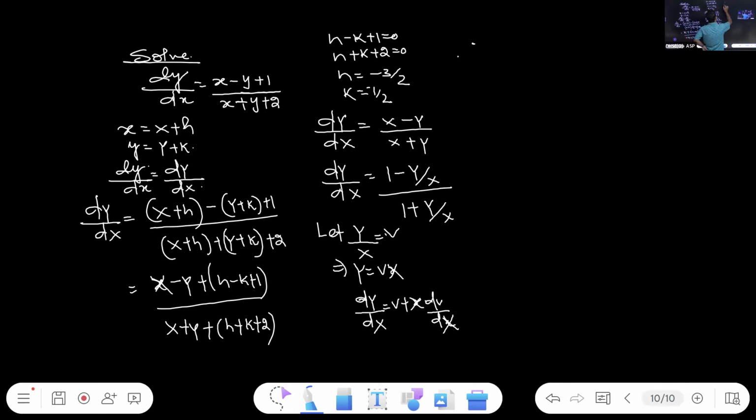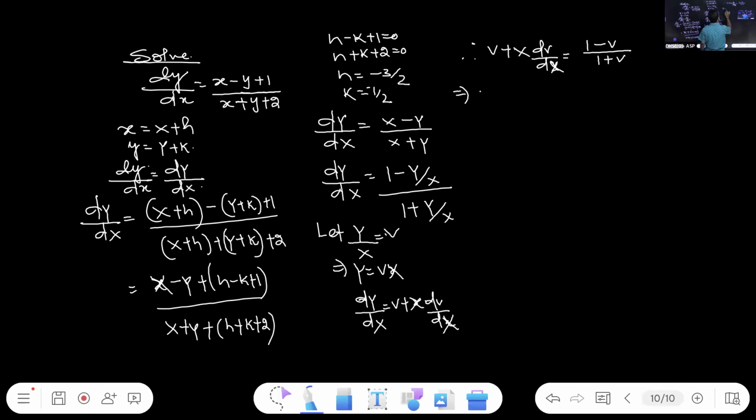Thus v plus X dv upon dX is equal to (1 minus v) upon (1 plus v).